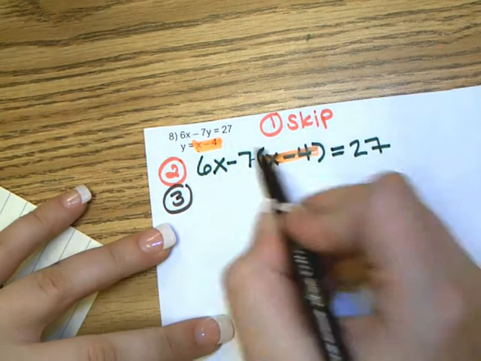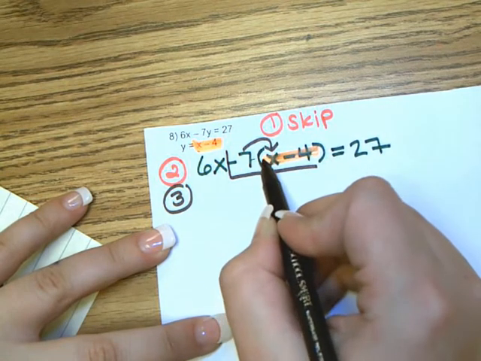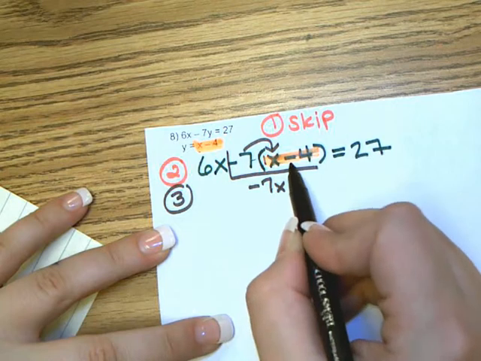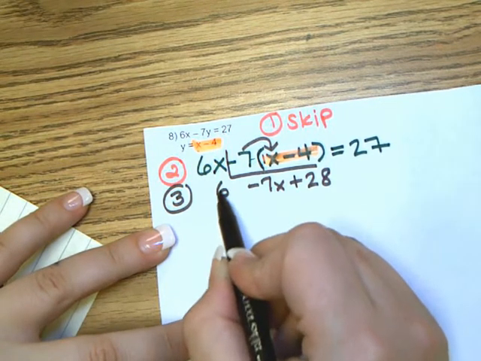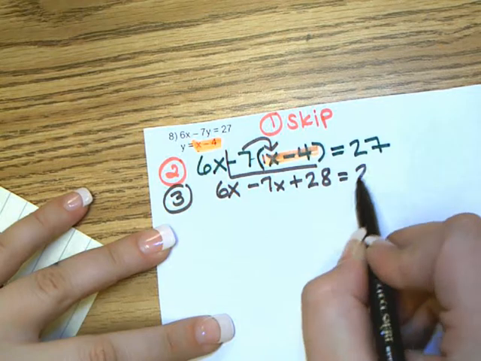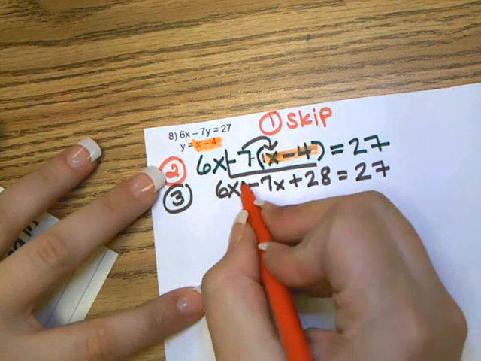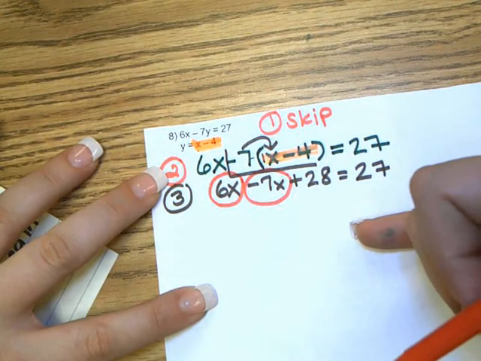Okay, so now step 3, we need to solve this. So we're going to distribute first, so negative 7 times 1x is negative 7x. Negative 7 times negative 4 is positive 28. Bring down the 6x. Okay, now we're going to combine the like terms.